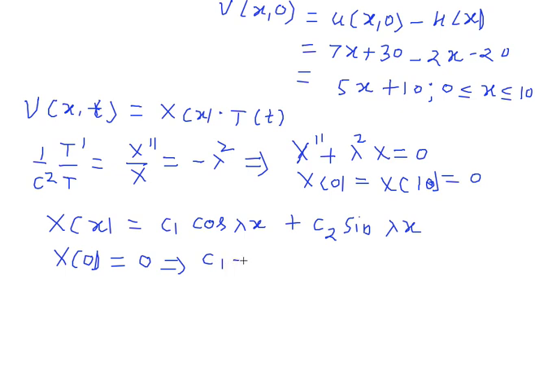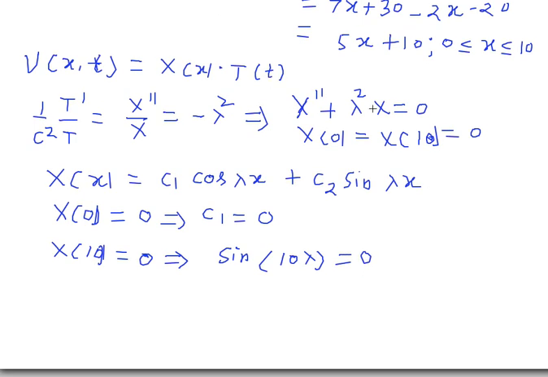By putting X(10) equal to 0, the eigenvalue equation is sin 10 lambda equal to 0. This equation will give the eigenvalues of the boundary value problem. So lambda equal to n pi over 10.